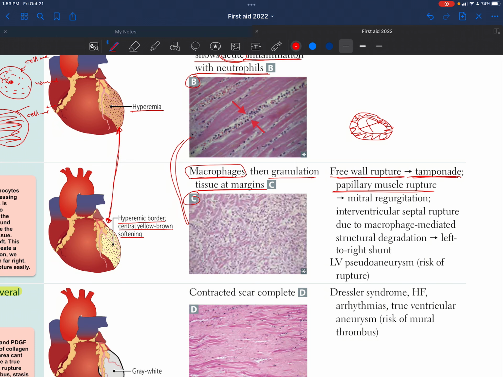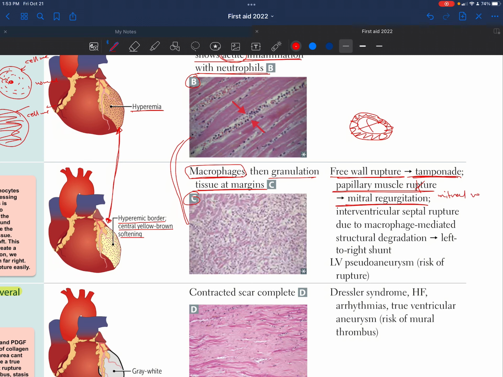But if we have papillary muscle rupture, that is the muscle that is responsible for attaching the valves in the heart, mainly the mitral valve and tricuspid valve. If those muscles rupture, that would lead to mitral regurgitation.